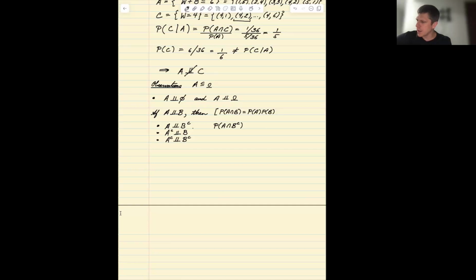We will prove that in a second, but we can't assume it to be true. So you have to be a little clever here. What is A intersect B complement? Remember how we defined A intersect B complement.